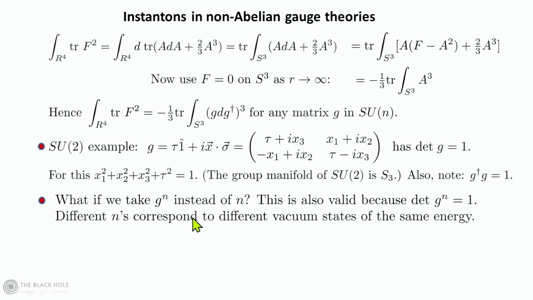And here the whole machinery of homotopy theory can be used, and how to classify these maps. So you see, this is a map. x1, x2, x3, tau is a point on the sphere S3, and to that there corresponds this matrix. So with each point on the boundary of the manifold, there corresponds an SU(N) matrix.